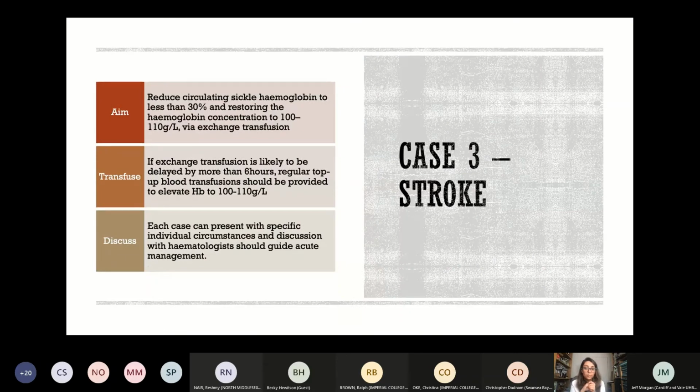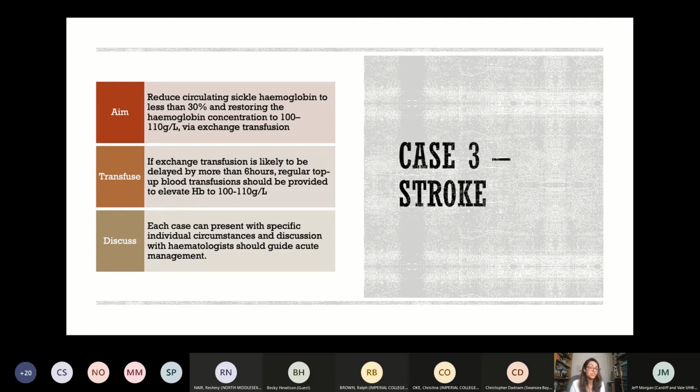So most sickle cell patients who present with an acute stroke, be it hemorrhagic or ischemic, the main aim should be to reduce the circulating sickle hemoglobin to less than 30%, and try and restore the hemoglobin concentration to anything between 100 and 110 via exchange transfusion if you do have that service available.